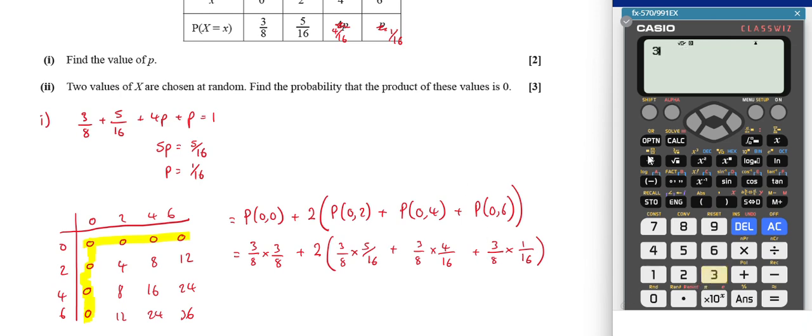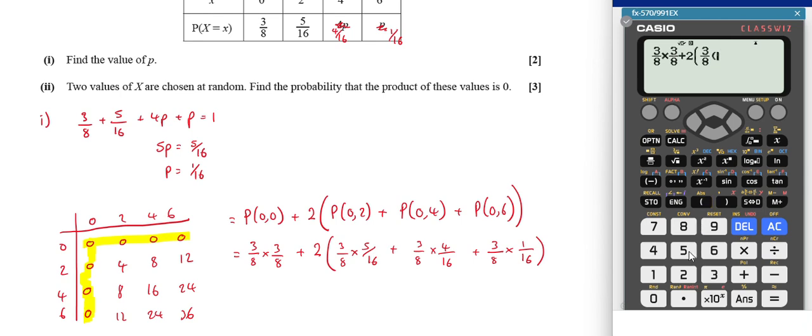So I'm going to pop all that into my calculator. It's going to be a bit messy, bear with me. So 3 eighths times 3 eighths plus 2 times, I'm just going to type it all in. You know what? 3 eighths is a factor as well, so I'm going to take that out just to speed this up in the calculator.